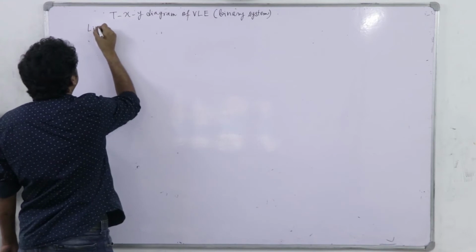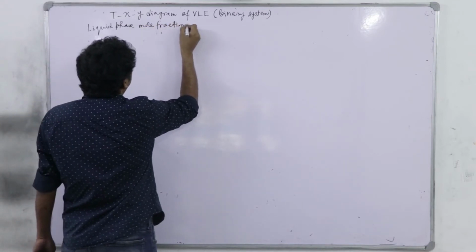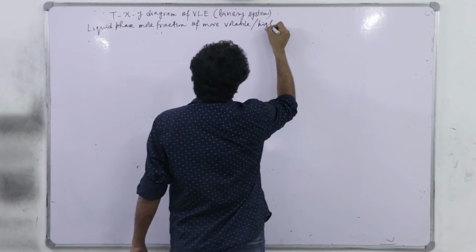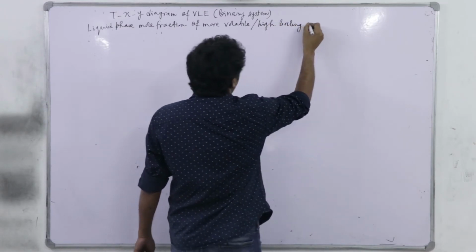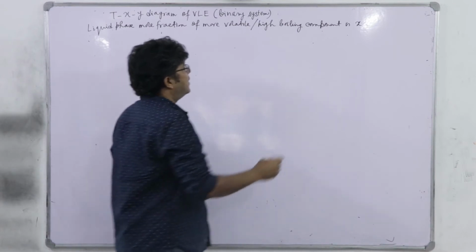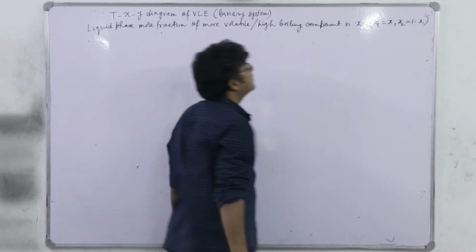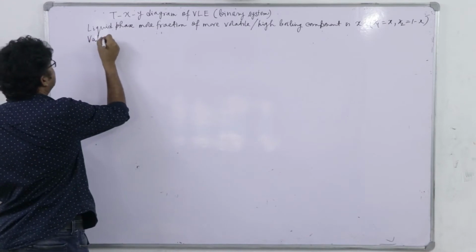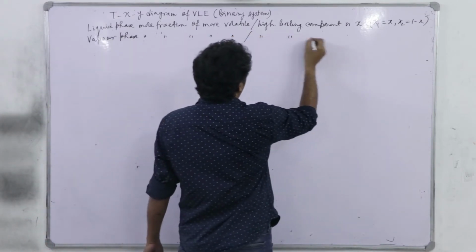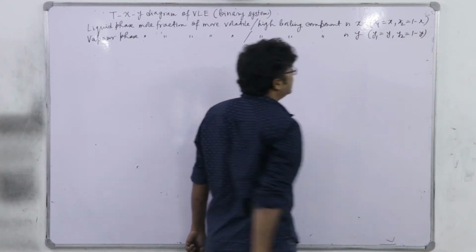So the liquid phase mole fraction of the more volatile or low boiling component is X. So definitely X1 is equal to X and X2 is equal to 1 minus X, and for the vapor phase the mole fraction of the more volatile or low boiling component is Y. So Y1 is equal to Y, Y2 equal to 1 minus Y.